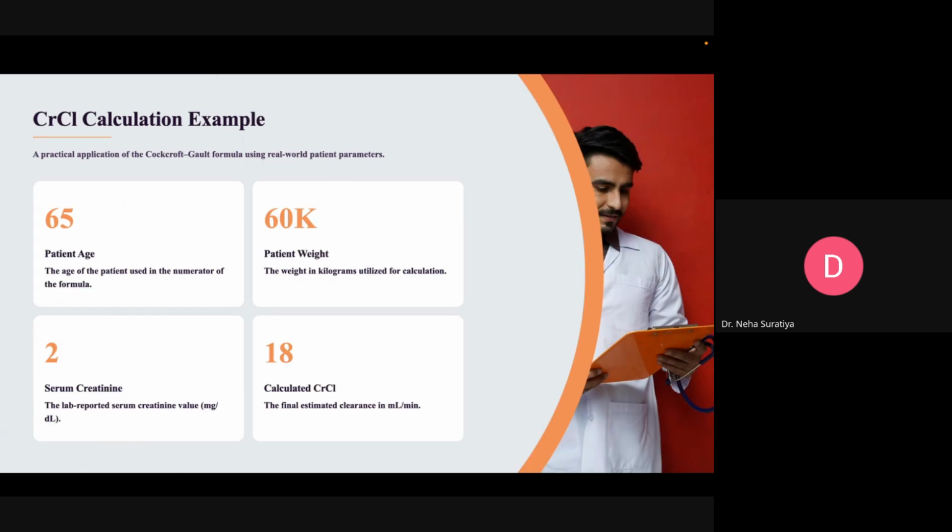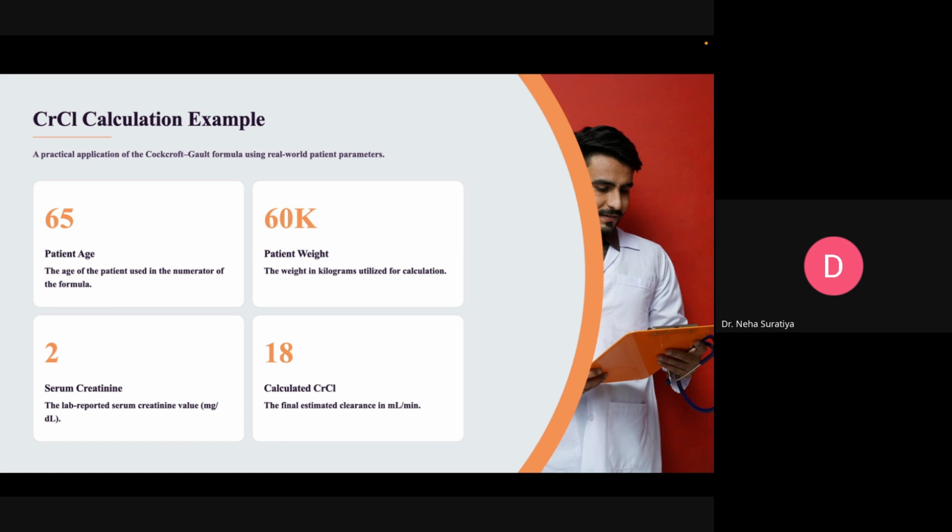It is a very simple calculation, and the final value is 18. 18 ml per minute. I told you the exact meaning of creatinine clearance, and that is per minute, so the unit will be milliliter per minute.